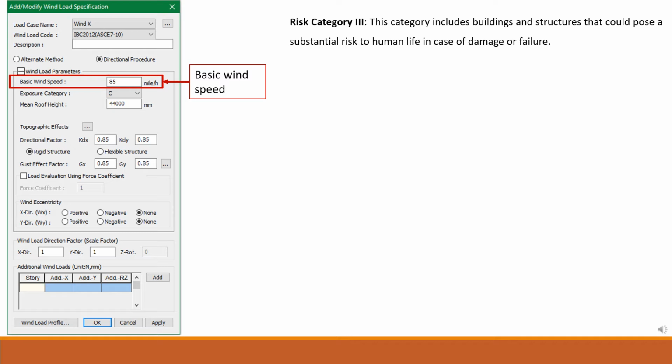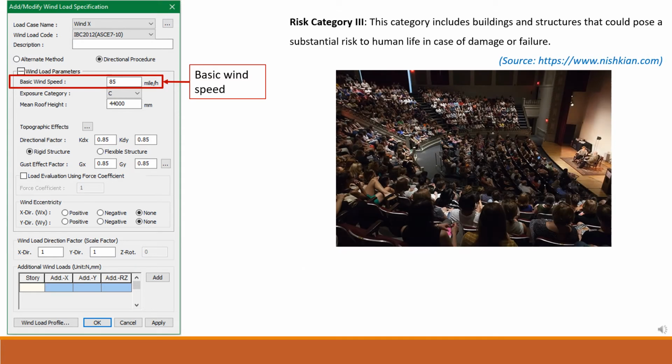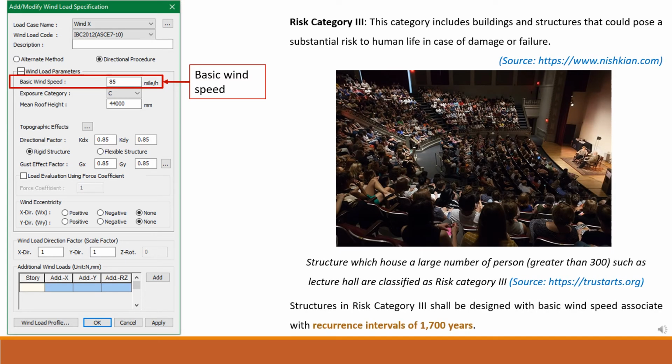Risk Category 3 – This category includes buildings and structures that could pose a substantial risk to human life in case of damage or failure. Structures in Risk Category 3 shall be designed with basic wind speed associated with a recurrence interval of 1700 years.